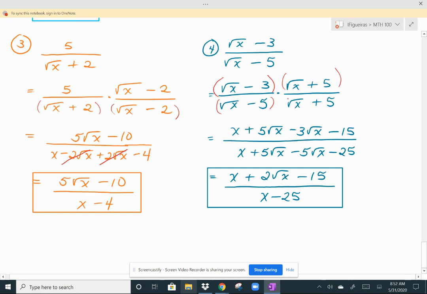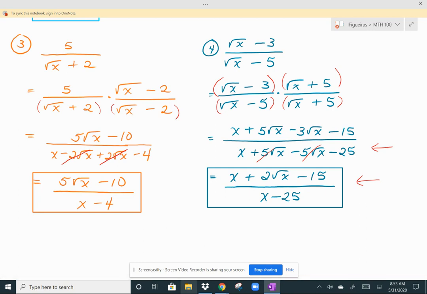If you only want to do first and last, that's fine. I wrote them all out here. So first is x, outer is 5 root x, inner is negative 5 root x, and last is negative 25. Outer and inner cancel. So your final answer is x plus 2 root x minus 15 divided by x minus 25.